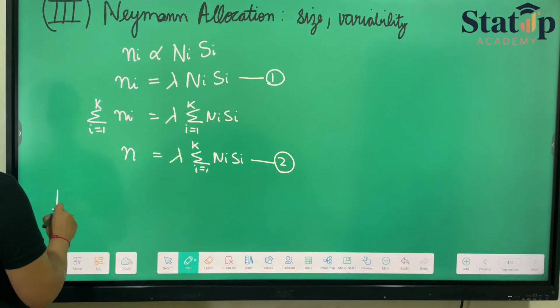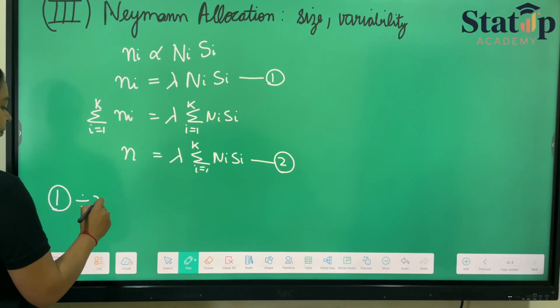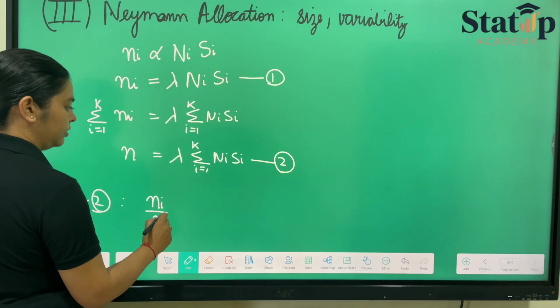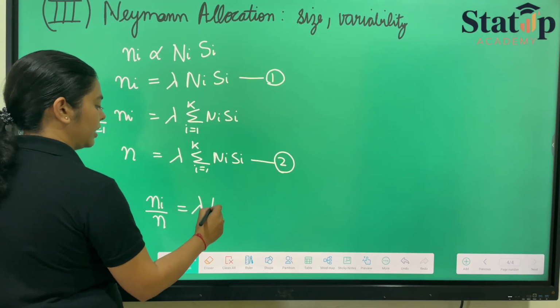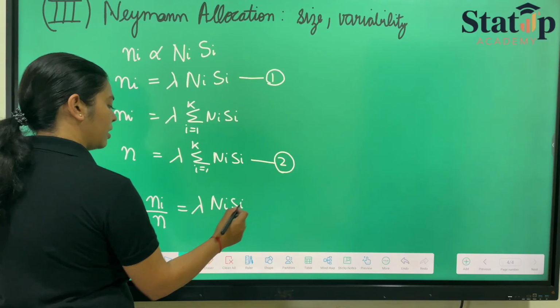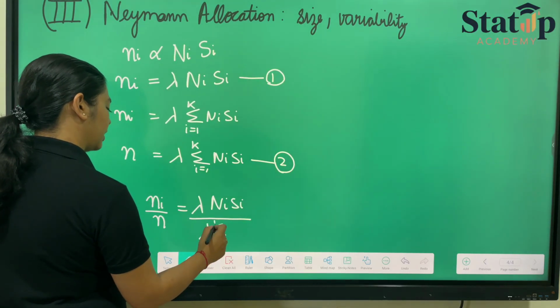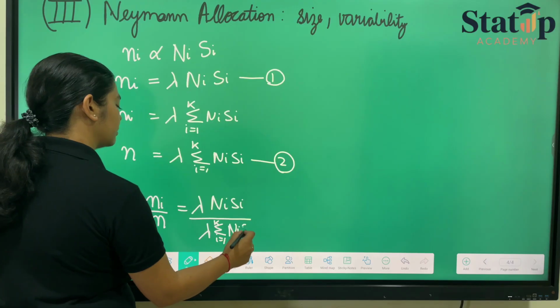So again dividing 1 by 2, we will get ni upon small n is equal to lambda Ni Si upon lambda summation i goes from 1 to k Ni Si.